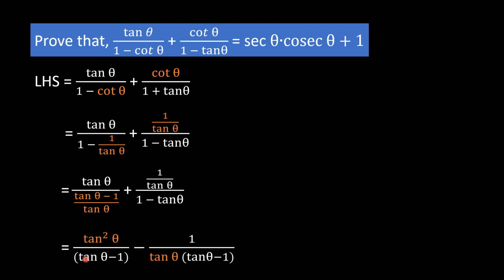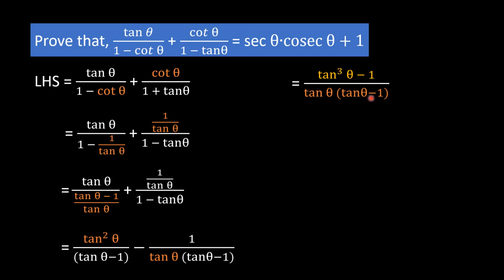Now we have to add these two terms. The LCM of these two terms will be tan theta multiplied by tan theta minus 1. So this is the LCM. We will divide this LCM by tan theta minus 1.